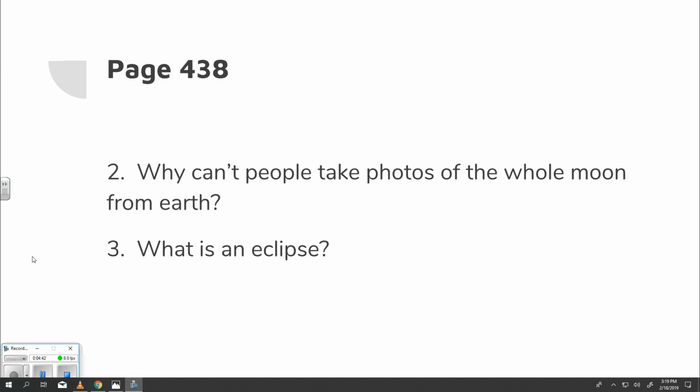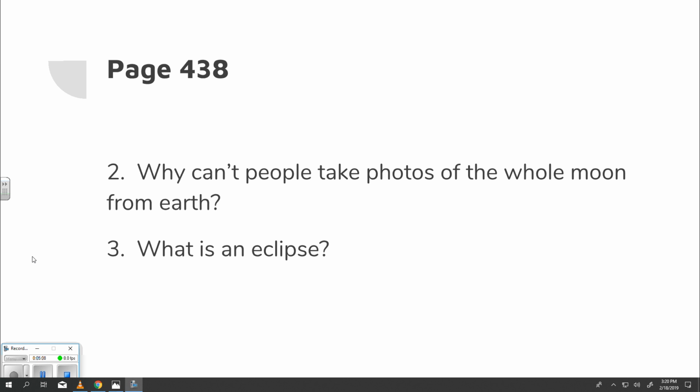While the moon revolves around Earth and the sun, it also rotates on its axis. The moon completes one rotation only once during one revolution around the Earth. The moon revolves around the Earth once every 27.3 days.